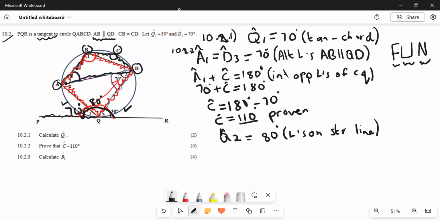But now B1 and Q2, those are opposite interior angles of a cyclic quad, right?